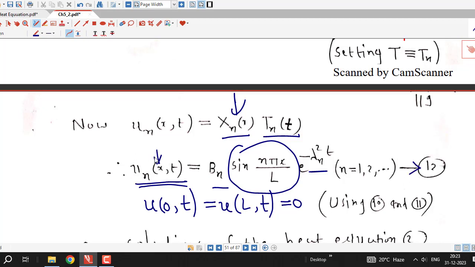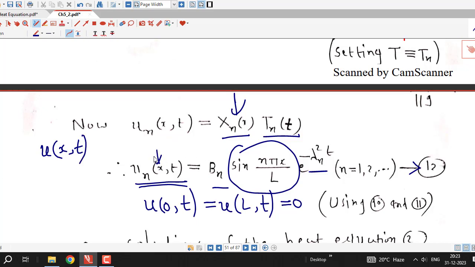But to obtain the solution which satisfies the initial condition also, we are interested in that solution of the heat equation which satisfies boundary conditions as well as the initial condition.